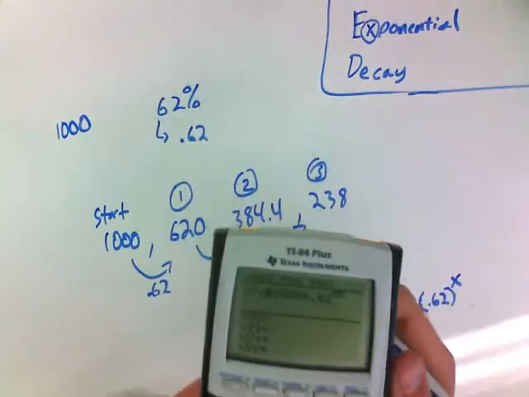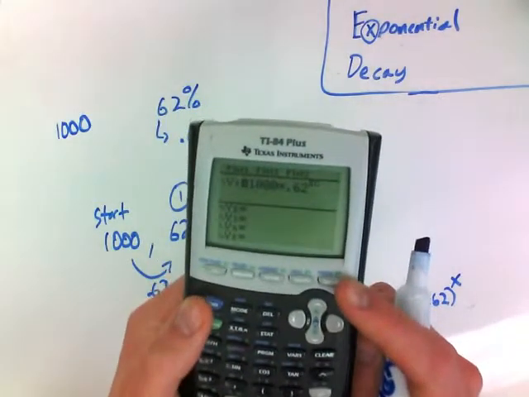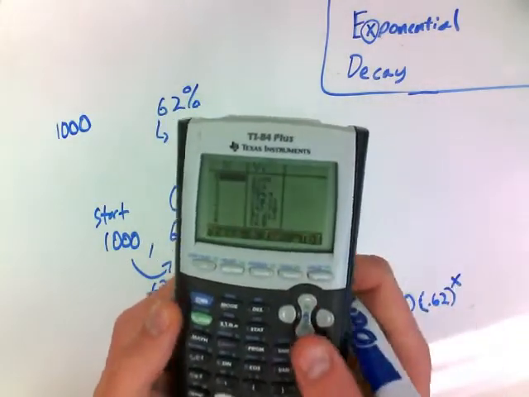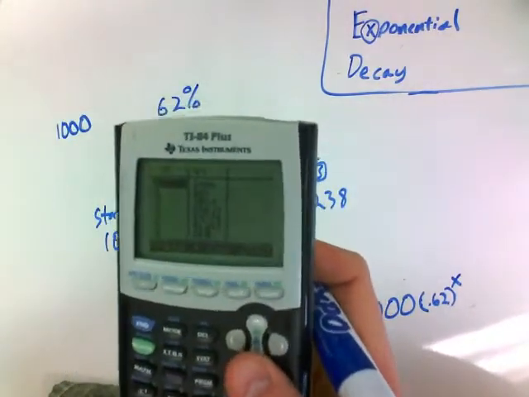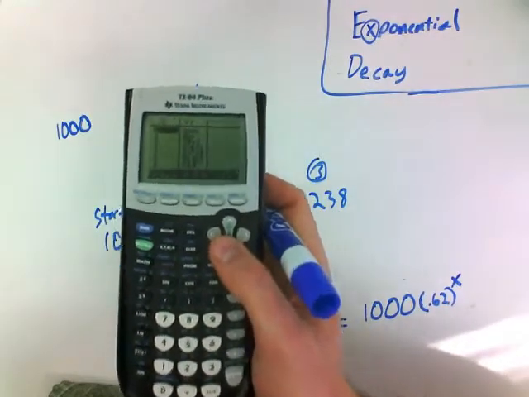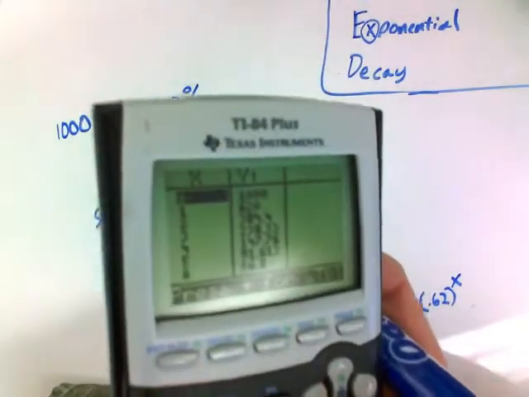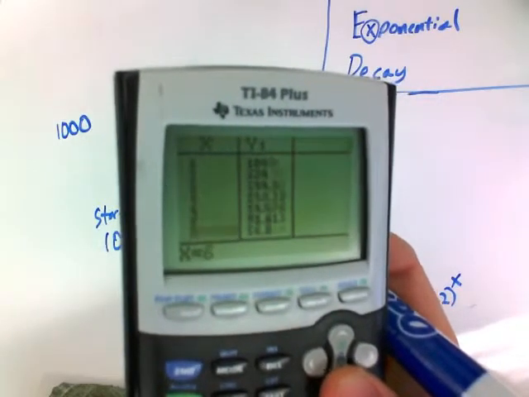And let's just make a table and kind of see what's going on. So I'm going to use a table that's underneath the graph thing, so second table. And you can see it going down.